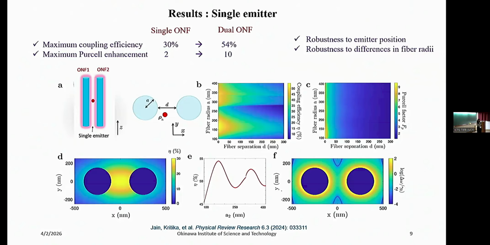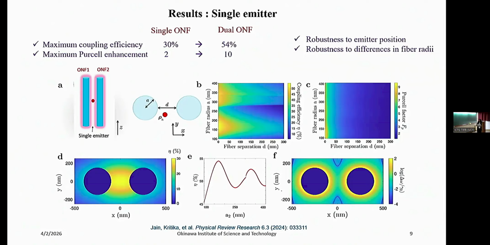As we go far away from the fiber, coupling efficiency decreases, but as we increase the radius, we found this optimal radius where the efficiency was maximum, around 175 nanometers, and the maximum efficiency is around 54%. And similarly, we found a high Purcell factor of 10 when the fiber separation is very small.